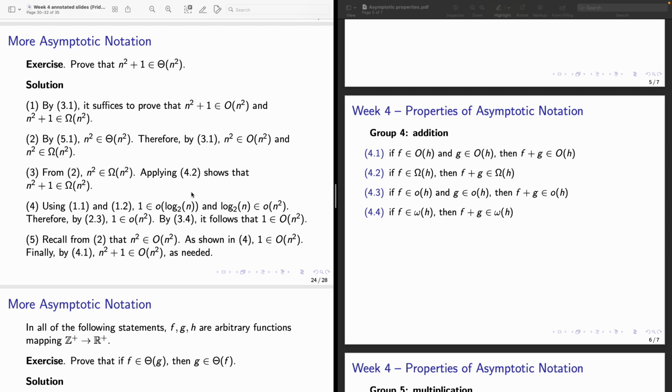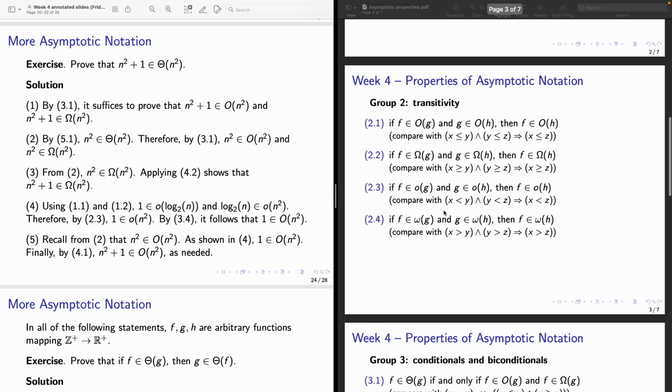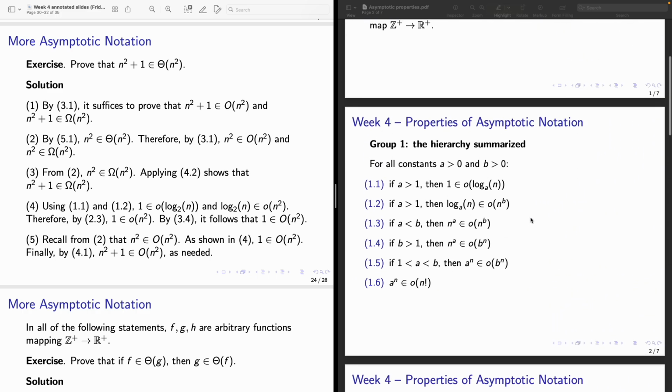Showing that it's in big O will take slightly more work. We aren't able to immediately guarantee that adding a constant will keep it slower than or the same rate as the other one. But we can just use the hierarchy. A constant grows more slowly than a logarithm because it doesn't grow at all.